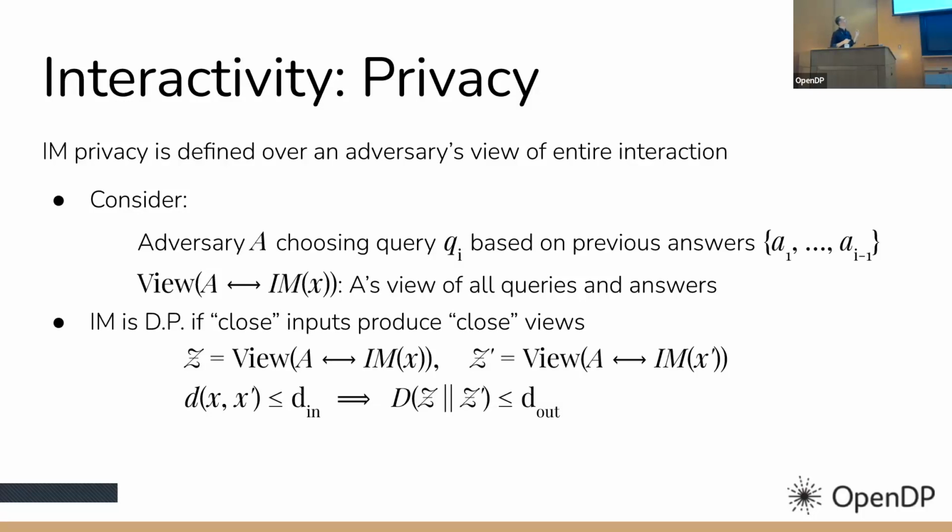We call Z the random variable that's a view of the interactive measurement applied to X, and Z prime is the view of the interactive measurement applied to X prime. And then if we can say that those two inputs being close implies that those two views are close, then we have a differentially private interactive measurement.